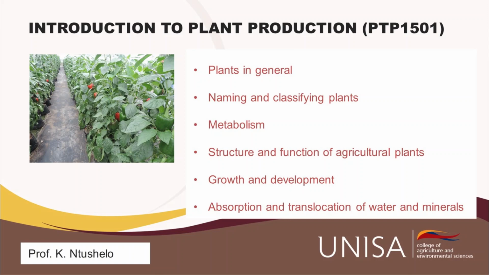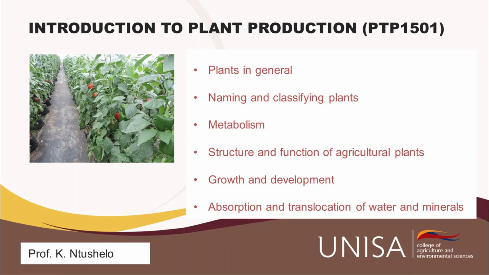Metabolism, that is now the internal metabolic processes, biochemical processes that take place in the plant. Structure and function of agricultural plants. Growth and development. Absorption and translocation of water and minerals. That's how your module is structured. Those are the components that make up your module.